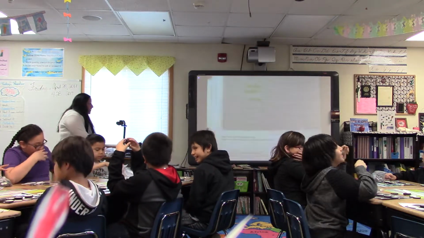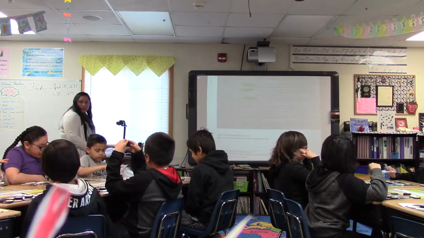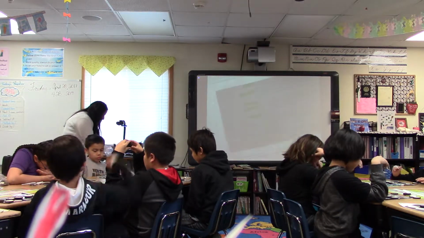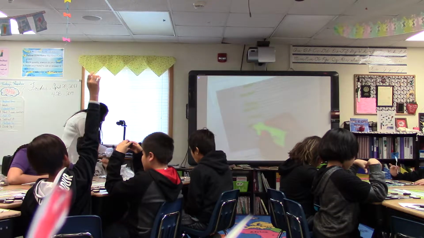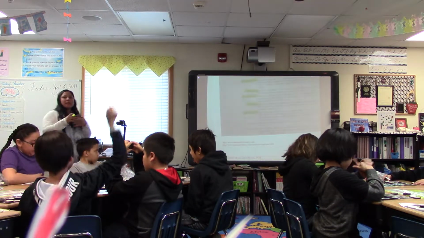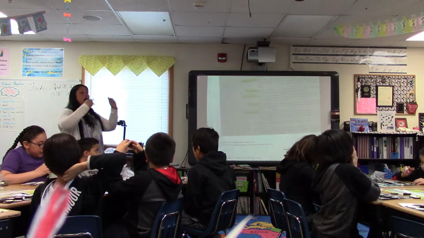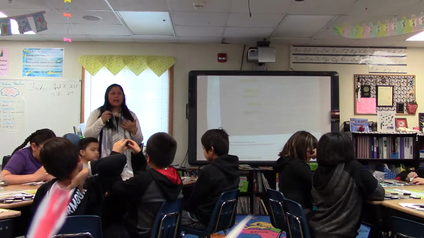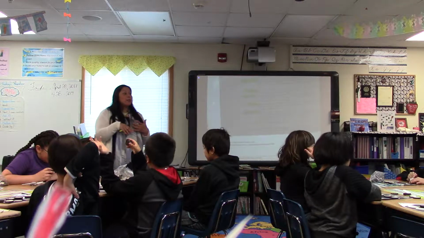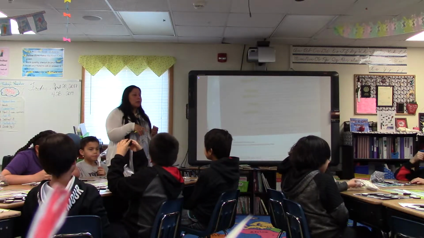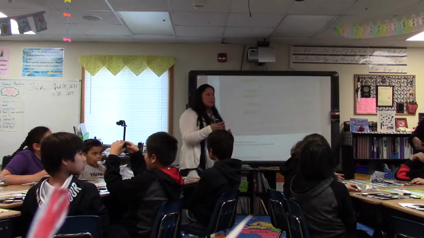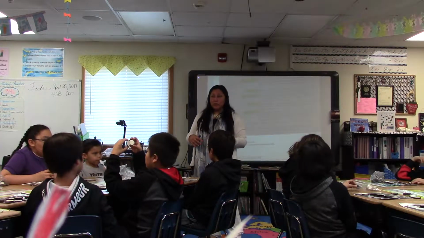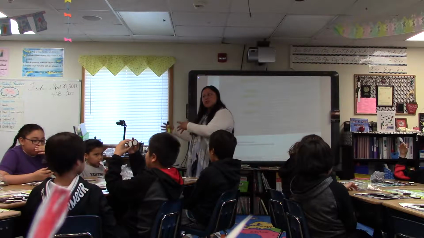What is the next phase of the moon? Waning gibbous. Did we already say waning? This is a different word. Waxing gibbous. Waxing means that a bit more will show. So what do you think waning means? If waxing is saying more, who said less? Waxing means more and more will show.